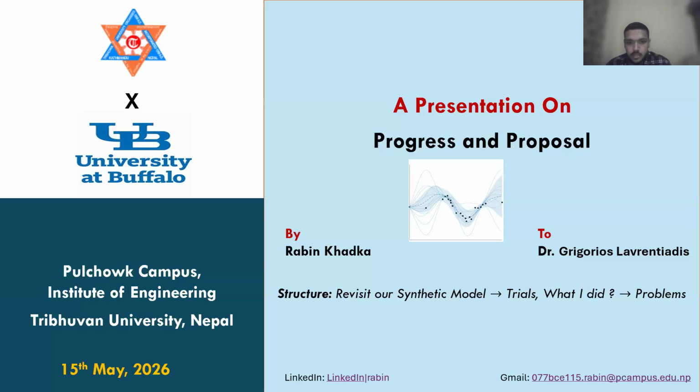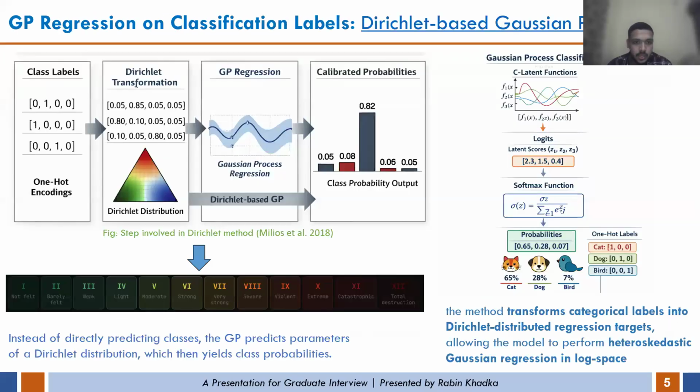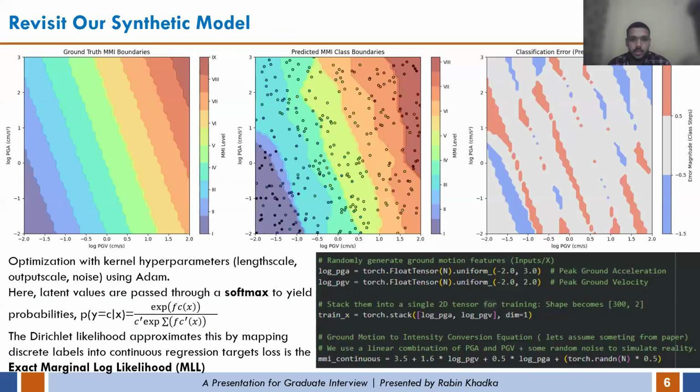To start, let's go through directly the solution that we have developed so far, and this one is for the synthetic model. So basically, let's answer the most important questions of the application of this research. And what is the research first? This particular study deals with MMI scale intensity classification with the help of different parameters.